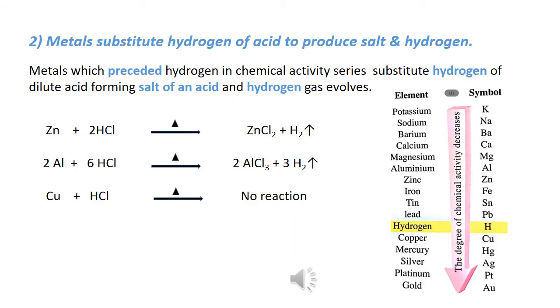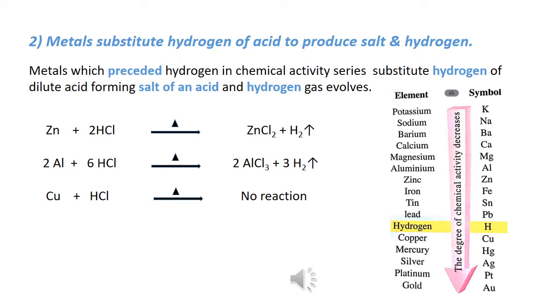Second, metals substitute hydrogen of acid to produce salt and hydrogen. Metals which preceded hydrogen in chemical activity series substitute hydrogen of dilute acid, forming salt of acid and hydrogen gas evolves, as when zinc reacts with hydrochloric acid.